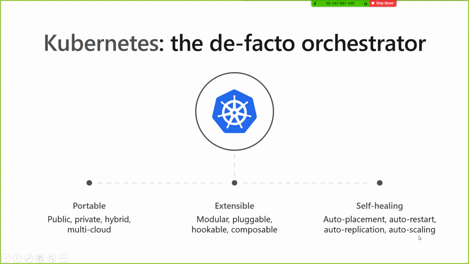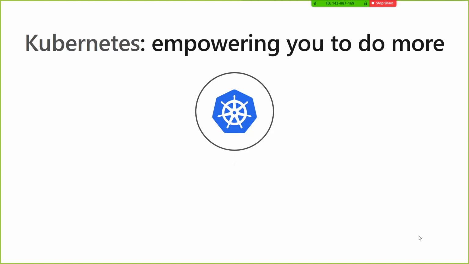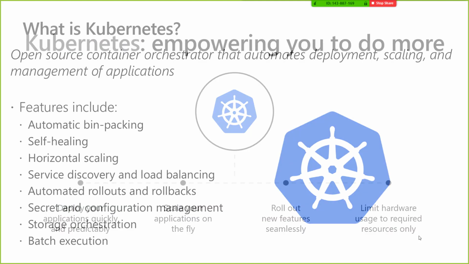So Kubernetes can detect that the load is getting too high for the number of containers, which in the Kubernetes world are called pods. I won't go into all that because this is not a deep dive, but it's going to detect that you're running out of the resources needed, so it's going to start up or create more pods to get this done. So let's move on beyond this.